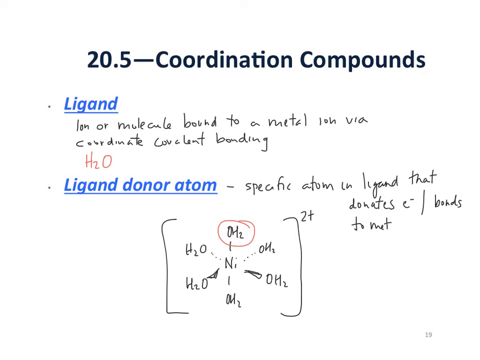So in this case, for each of our water molecules, the ligand donor atom is oxygen. Now what we're going to find is that some ligands have more than one ligand donor atom, and that's going to be really important later. We'll see why when we talk about something called a coordination number. But for now, let's just differentiate between the ligand, the entire molecular ion that bonds to the metal through coordinate covalent bonding, and the ligand donor atom, which is the specific atom in the ligand that does the electron donating.